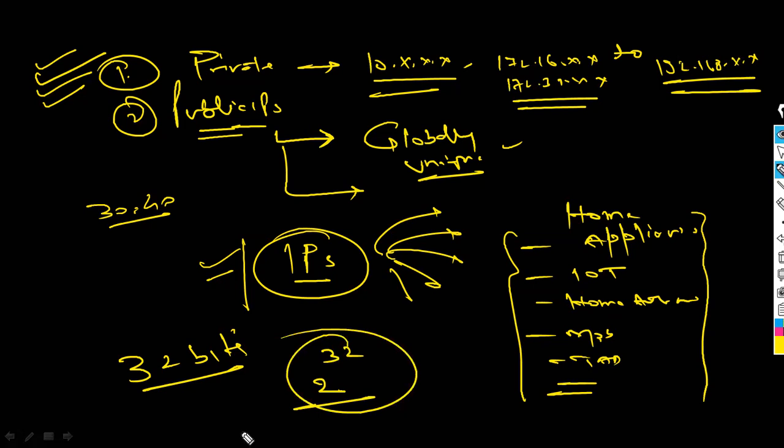That is the maximum number of IPs available. Out of that, some IPs are private, public, or reserved for other purposes, research, class D, class A, B, C. So a lot of reservation, which means IPs are limited.